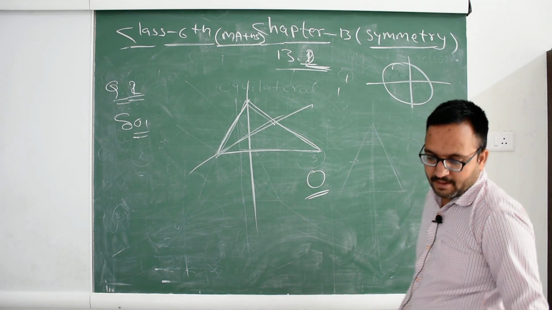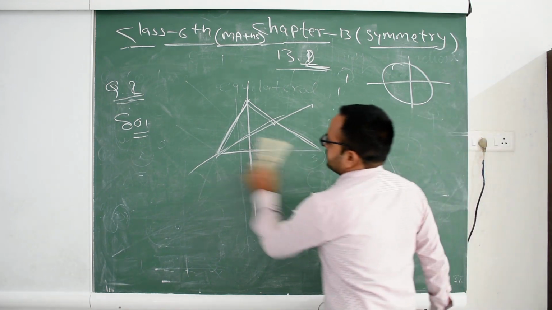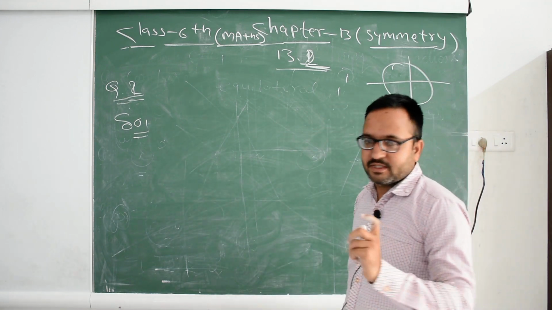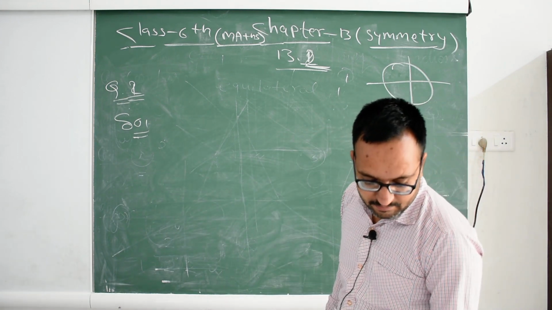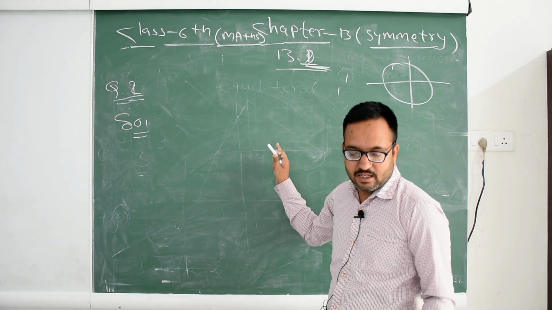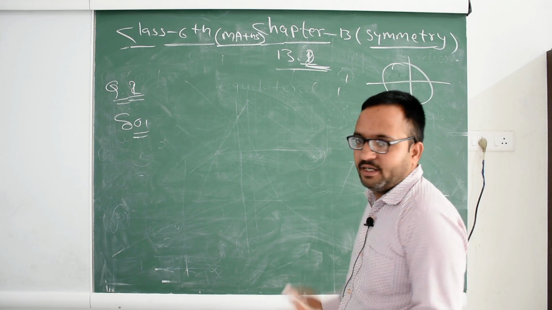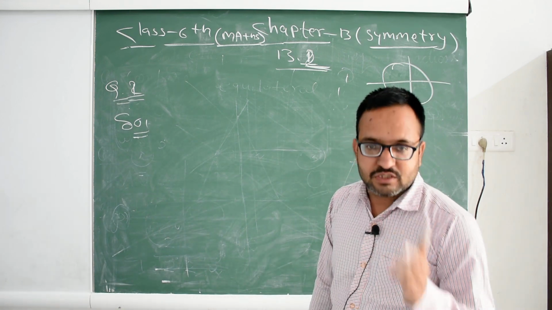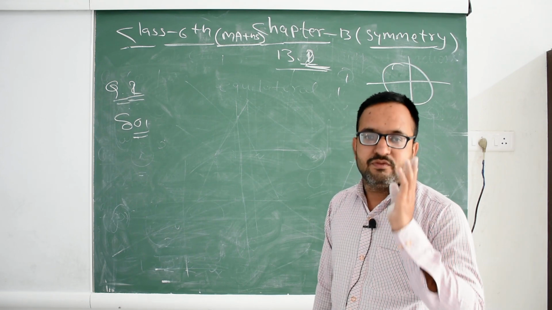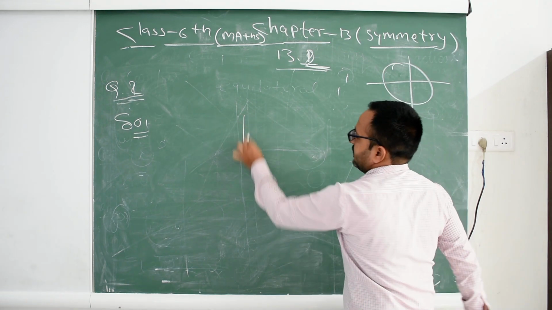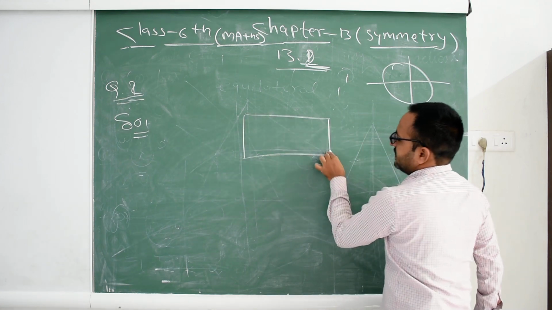Okay, now question number 3. We have some diagrams. In an equilateral triangle, first we draw the equilateral triangle like this. How many lines of symmetry? 3. In an equilateral triangle we have 3 lines of symmetry, and a square has 4 lines of symmetry. In a rectangle, now we discuss the rectangle.